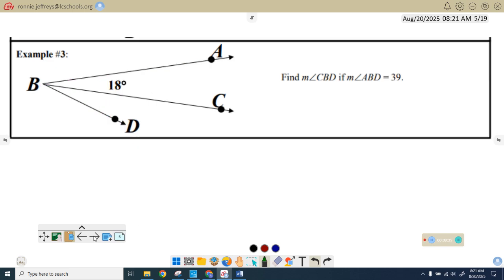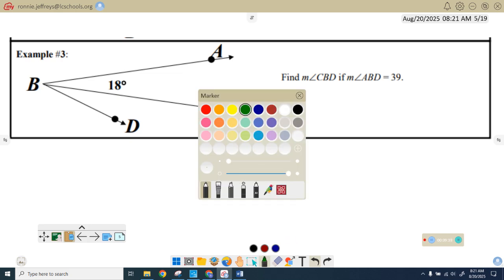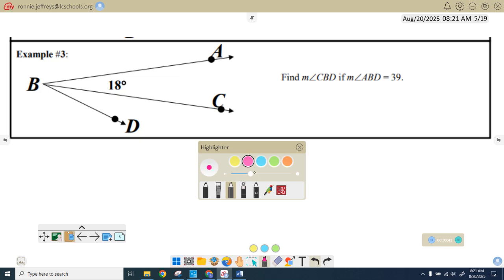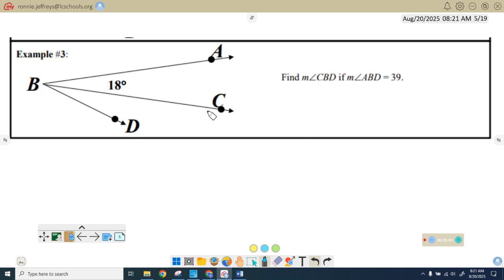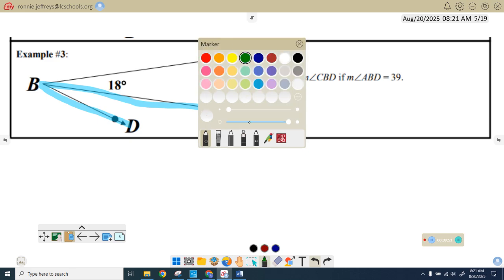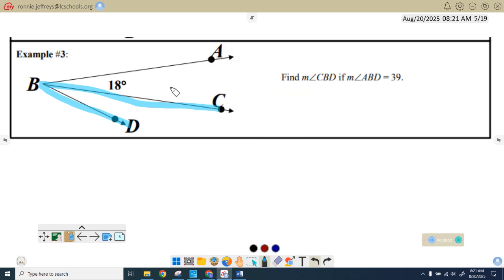Now, it says find this angle, which is find CBD. All right. It says that this is 18, but this whole angle right here, like if I was going to measure the whole angle, I would do a big arc out here, and this is 39 degrees.